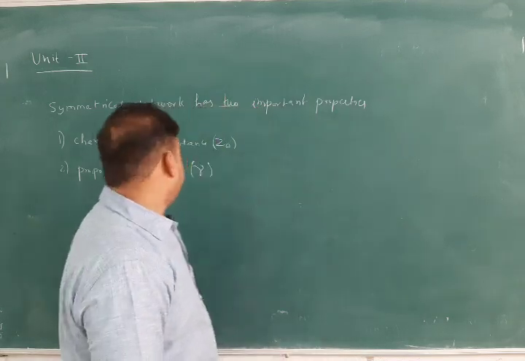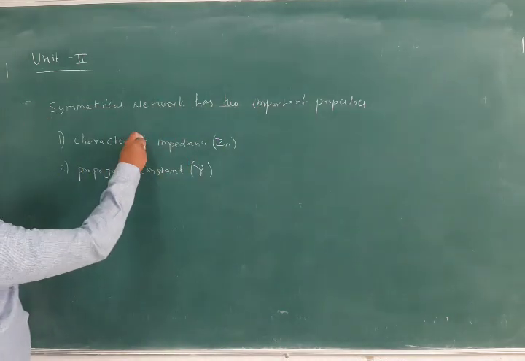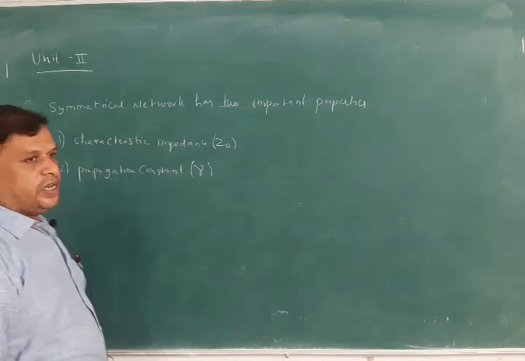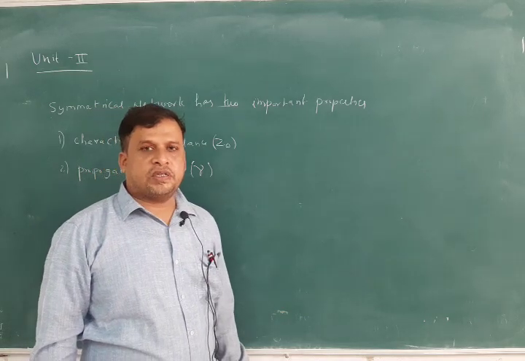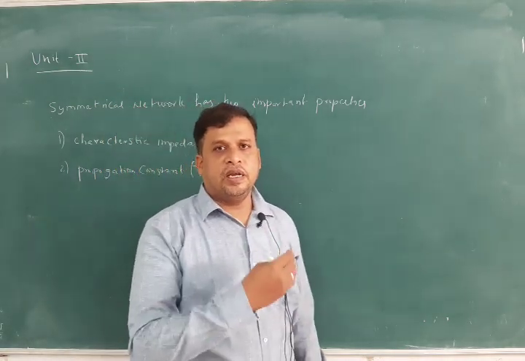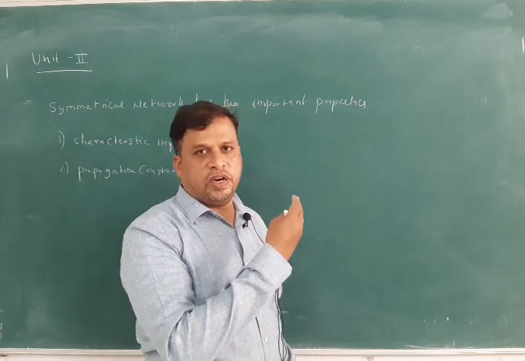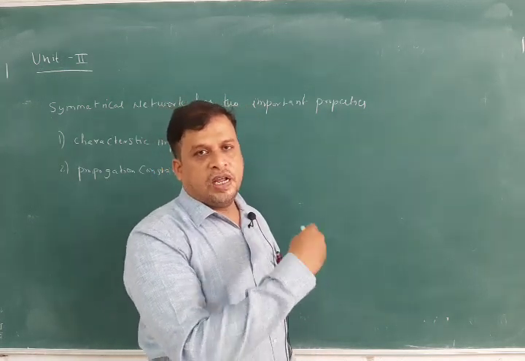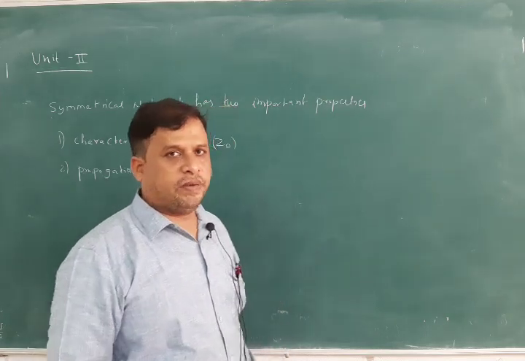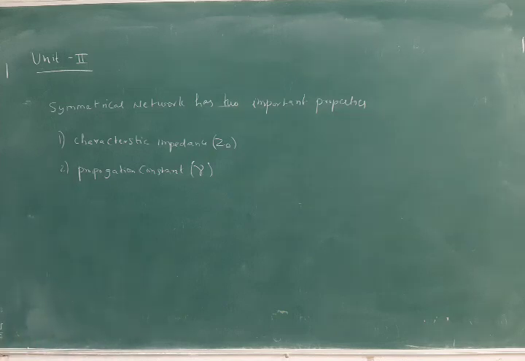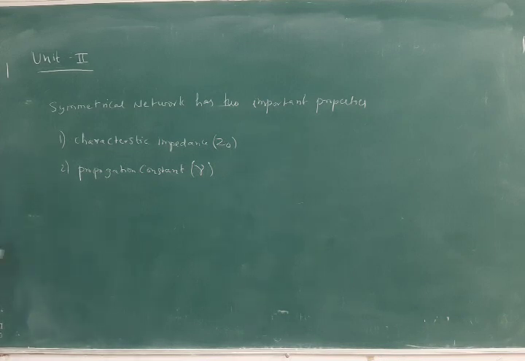Next, to find the characteristic impedance, first of all you have to consider a cascade connection of the networks. Cascade connection means the networks are connected in a line. We connect a network, and the output of that network is connected to the input of the second network. Like that we can connect n number of networks.